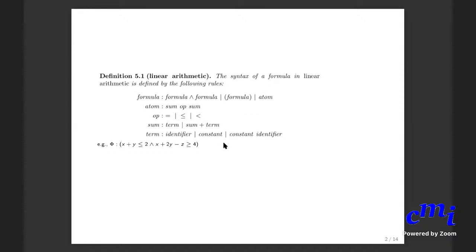This is the syntax of the theory, the syntactic rules, and here are some examples of the kinds of formulas that we want to check the satisfiability of, as a theory solver. With the Boolean satisfiability combination, we are then able to extend it to arbitrary SMT formulas, as I showed earlier.